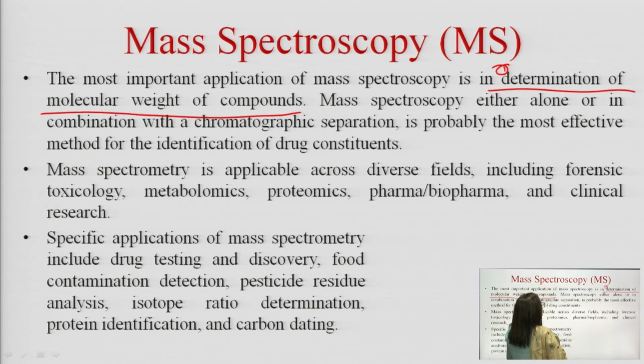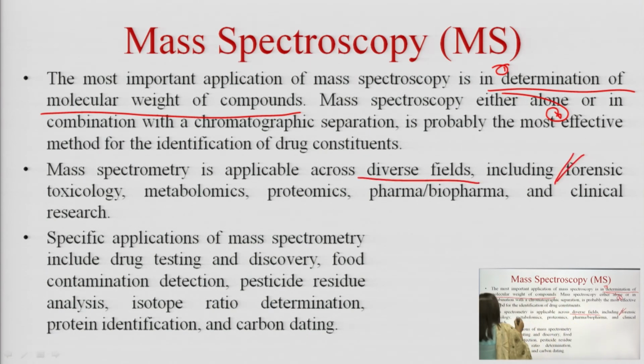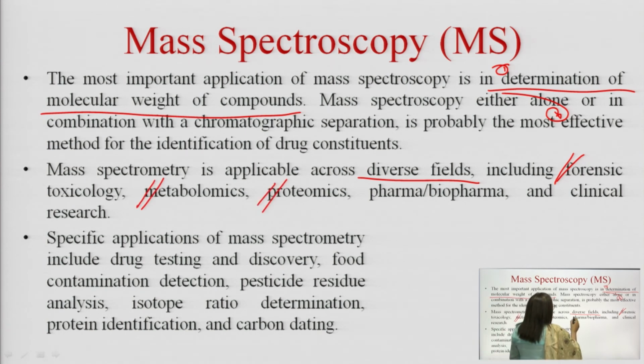Mass spectroscopy, either alone or in combination with chromatographic separation, is probably the most effective method of identification of drug constituents. It is applicable across diverse fields including forensic, toxicology, metabolomics, proteomics, pharma or biopharma, and clinical research.